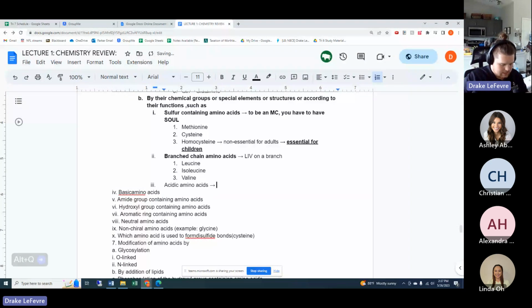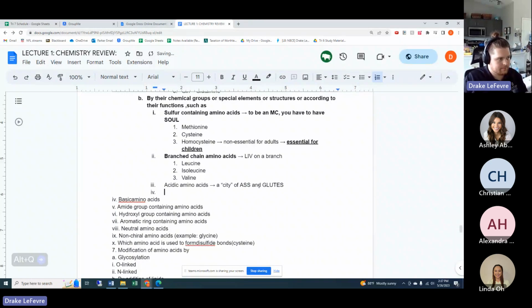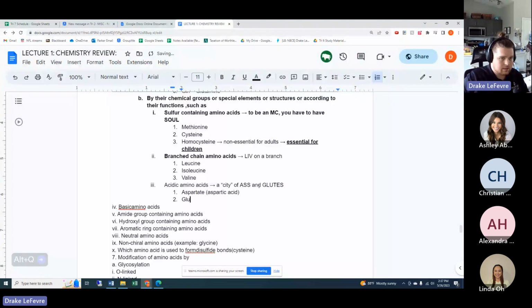This is acidity, aspartate, aka aspartic acid, and glutamate, aka glutamic acid.